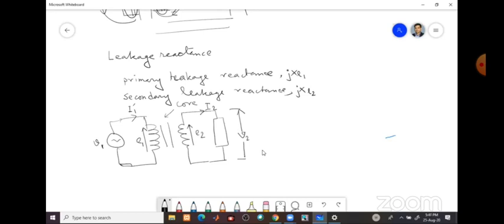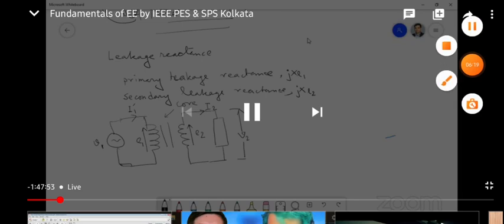Whenever we apply some voltage at the terminal, we get some voltage across the primary as well as across the secondary, and these two voltages are induced voltages. So E1 and E2 are the induced voltages.